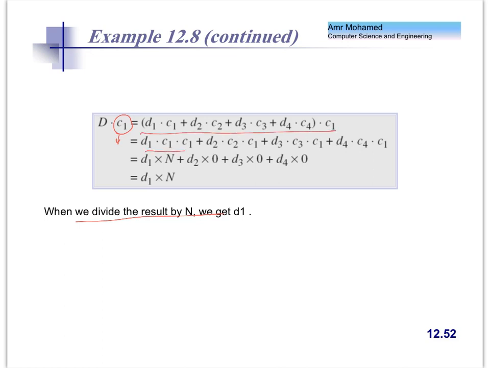If you multiply this by the composite signal, the result will be D1 multiplied by N, which we did before. So that's an indication that you can extract one particular signal from the composite signal, even if you are sending multiple signals at the same time at the same frequency, but using the codes. Okay? So that's the end of this chapter.